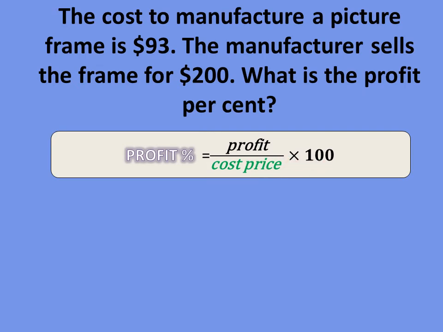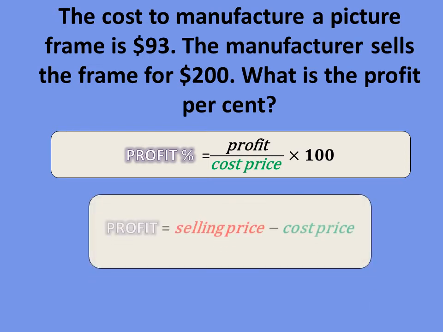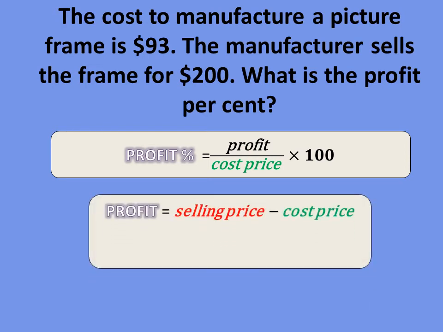So how do we find the profit? We have to find the profit first, not true? How do we find profit again? So the profit is equal to the selling price minus the cost price. What's the selling price? Let's look back in the question. The manufacturer sells the frame for $200. So the selling price is $200.